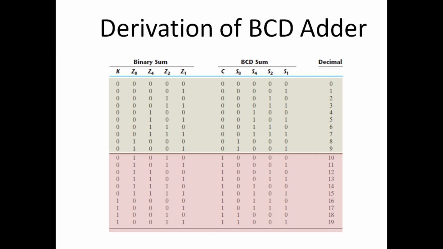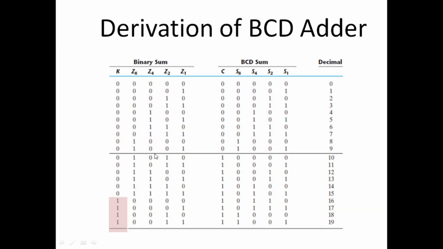So if we look carefully at the output of the binary adder below this line, we can see that each time the carry is 1, a 6 can be added, and it would make the binary sum equal to the BCD sum.